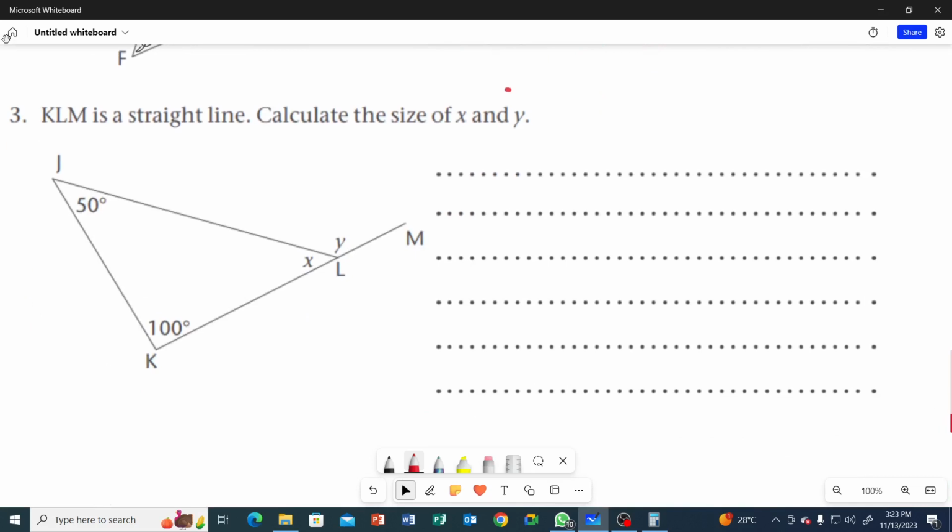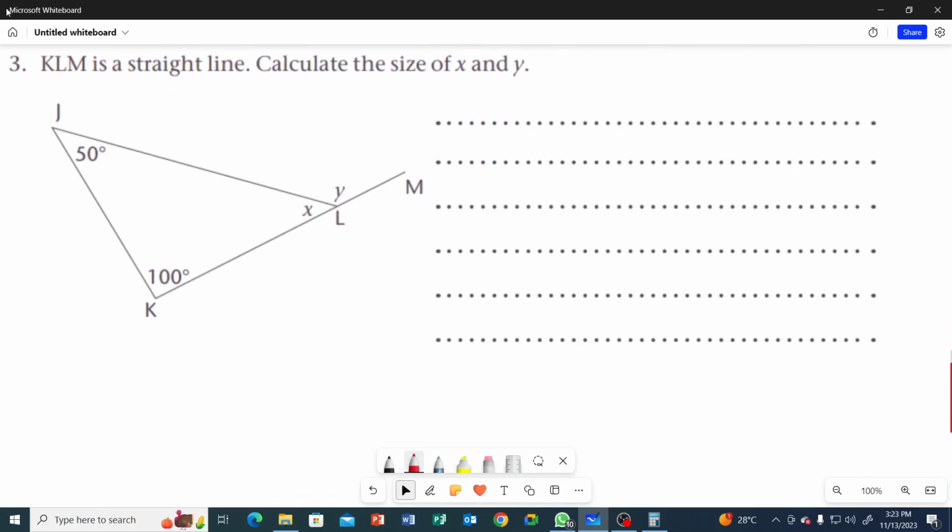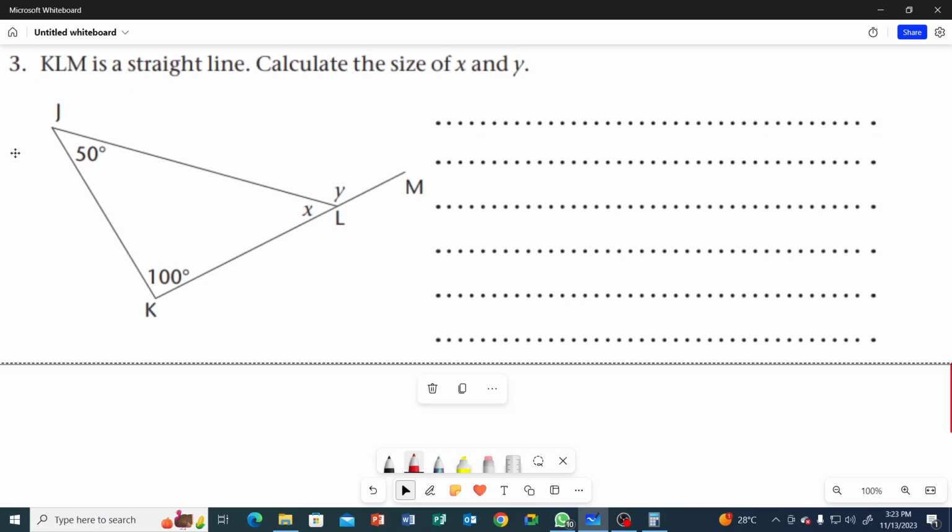Yes. So now we're going to solve this question. It says calculate the size of x and y. Now KLM is a straight line. It's given. So why did they tell you it's a straight line? Because you need to understand what's happening about angles in a straight line.